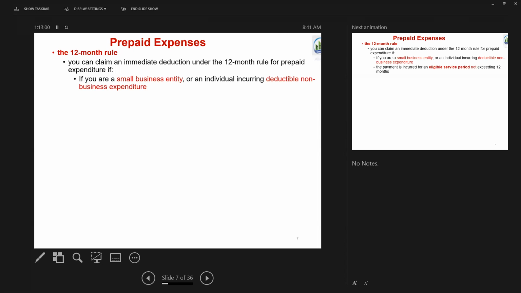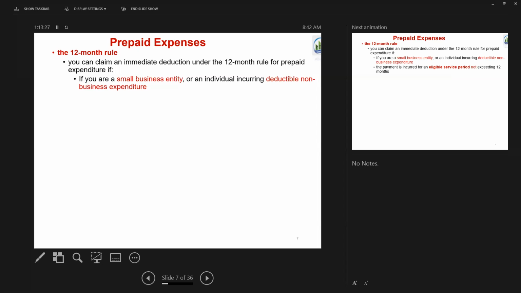The small business entity means businesses with less than 10 million turnover. There are a number of different definitions of small business entity on the tax office website, but for this purpose, a business with less than 10 million turnover is going to be considered a small business entity, right? So it's clear.